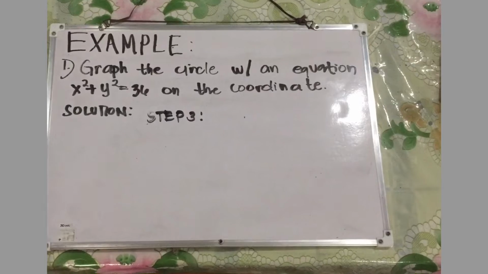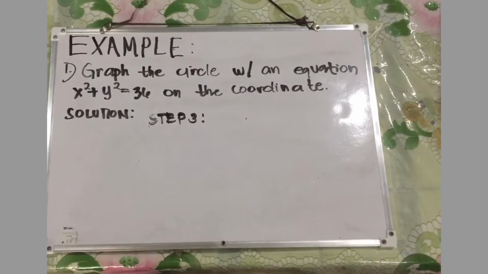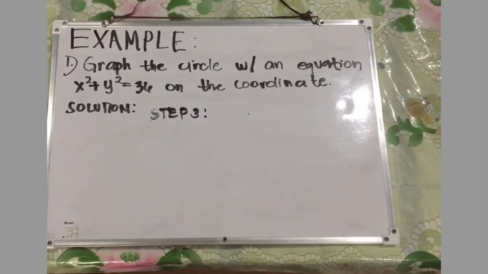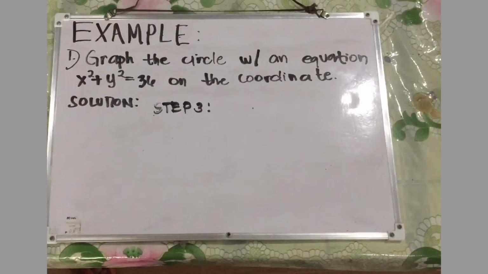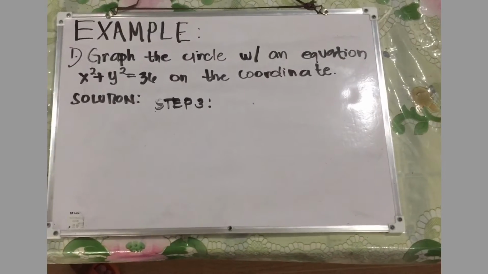So the use of the radius is, we need to count 6 units from the center in every direction: left, right, up and down.